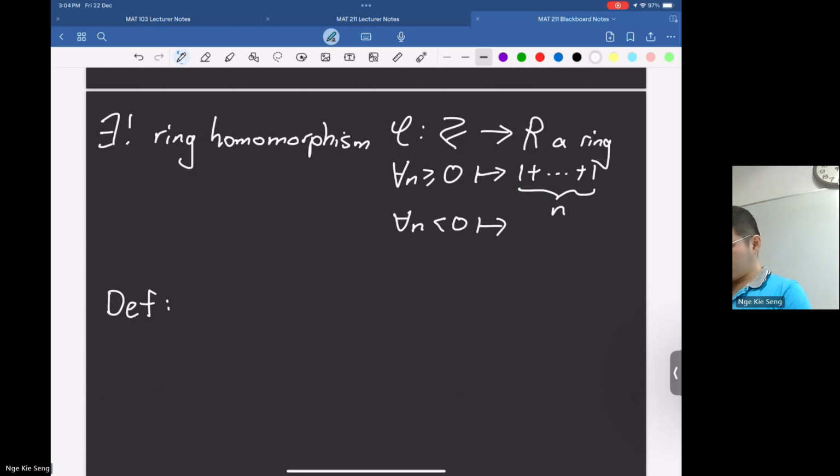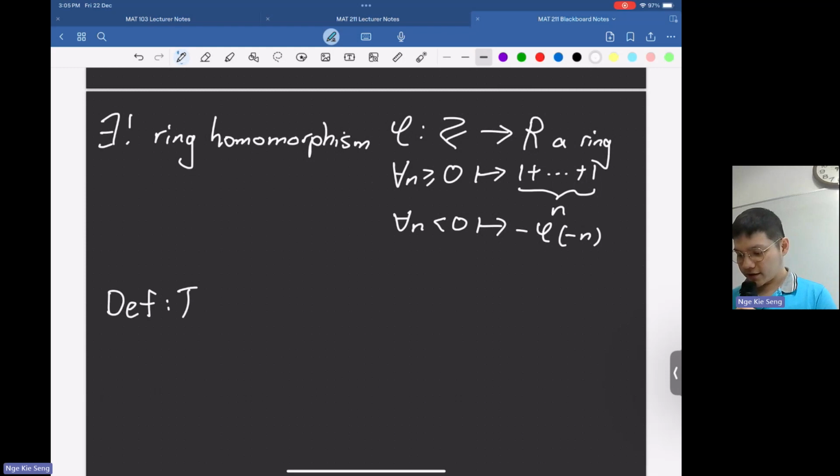To the negative of phi of the negative, or the inverse of the additive of the multiplicative identity n times. So this is a unique map we have shown last time.